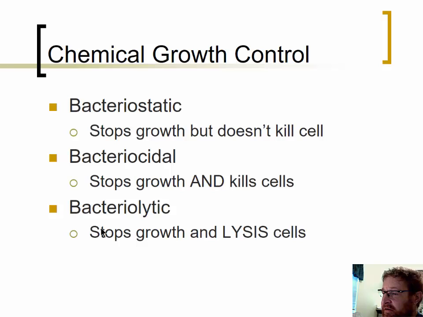Now, when you're bacteriostatic, that means that you stop the growth, but don't kill the cells. Okay. If you're bactericidal, now you're stopping the growth and killing the cells. And in bacteriolytic, you're also stopping the growth, and in this case we actually lyse the cells.